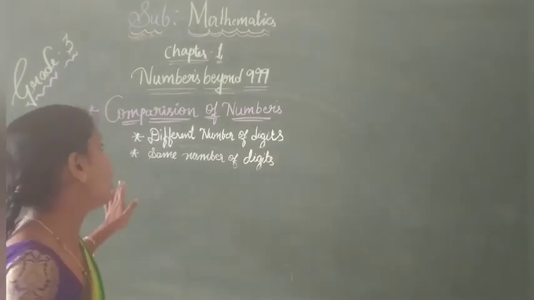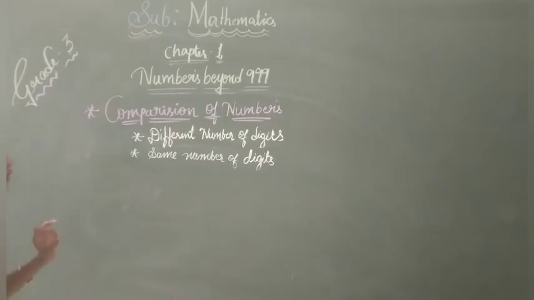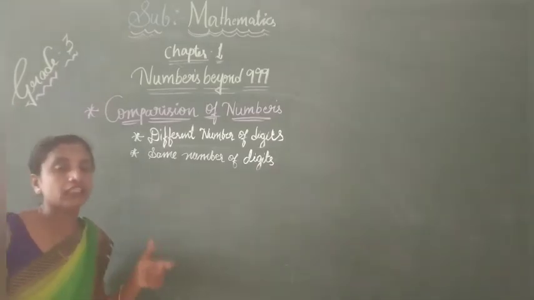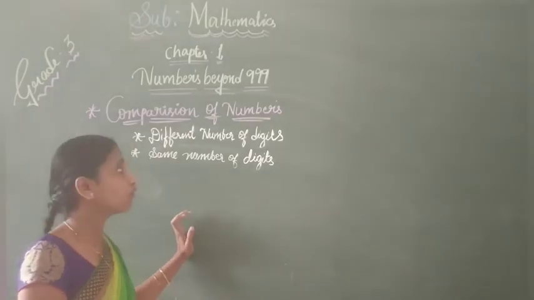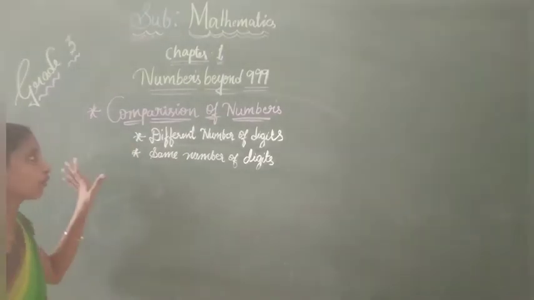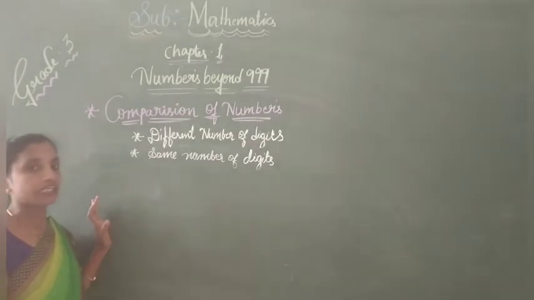Look here. How do we compare numbers by seeing the digits? When there is a different number of digits, we have to identify which is the greater number.